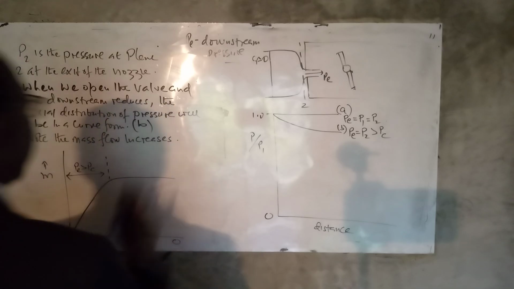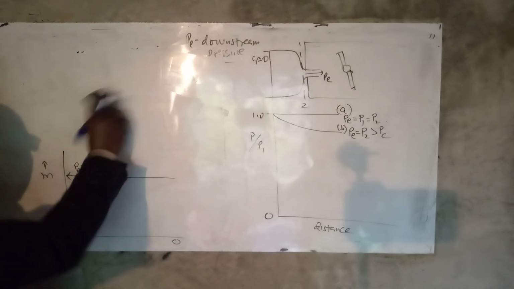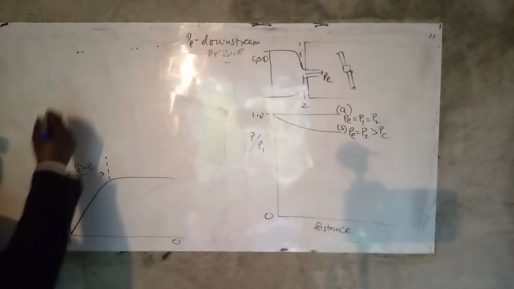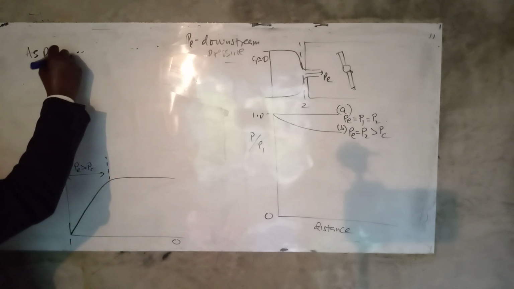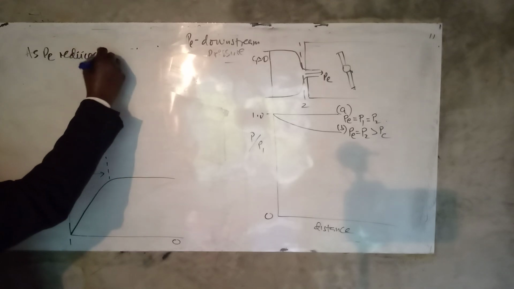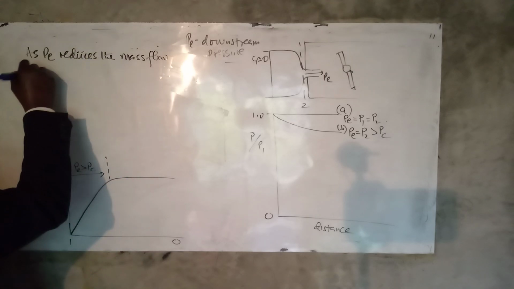Let's just write that down. So we are saying that as PE reduces, the mass flow increases.